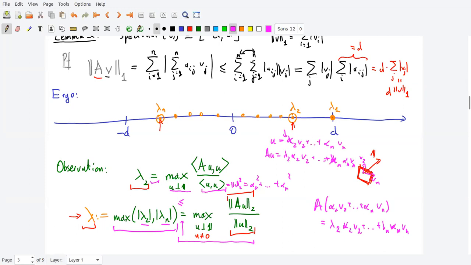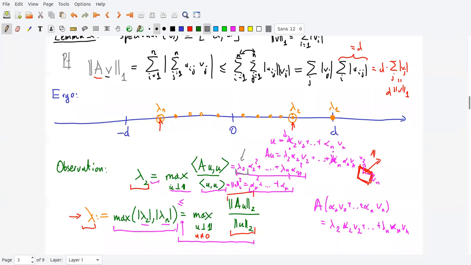And now if I take a scalar product of these two, because this is an orthonormal basis, I need to simply multiply this by this and this by this, pointwise. So I get that this is equal to lambda 2 alpha 2 squared plus and so on plus lambda n alpha n squared. Now if you take a quotient of these two terms, you can easily see that this quotient will always be upper bounded by the largest possible coefficient here, which is lambda 2.